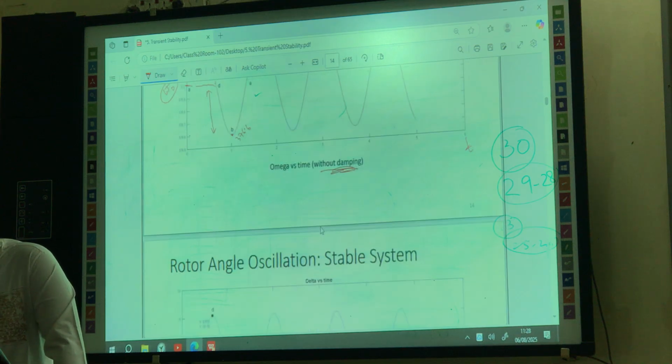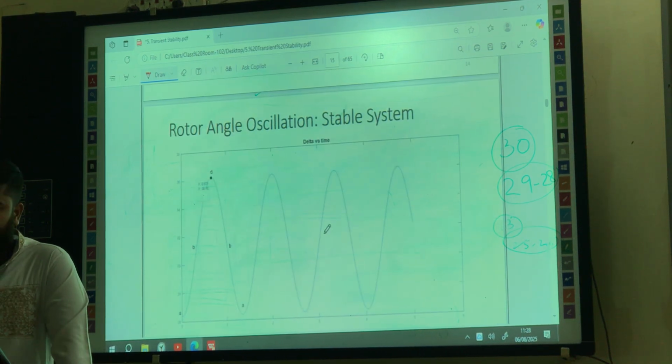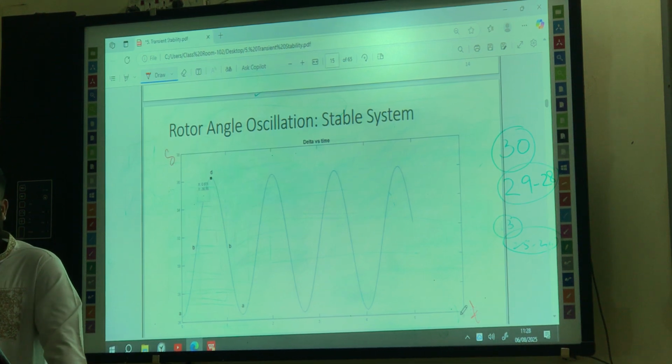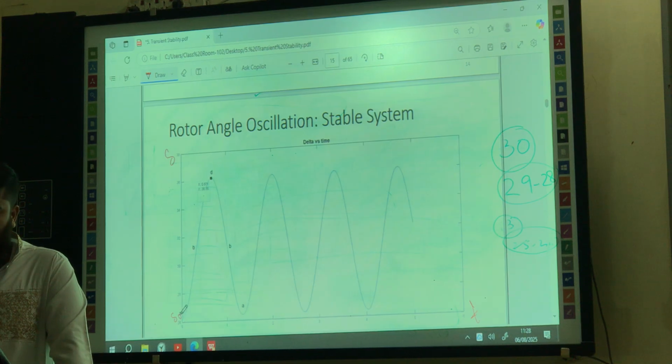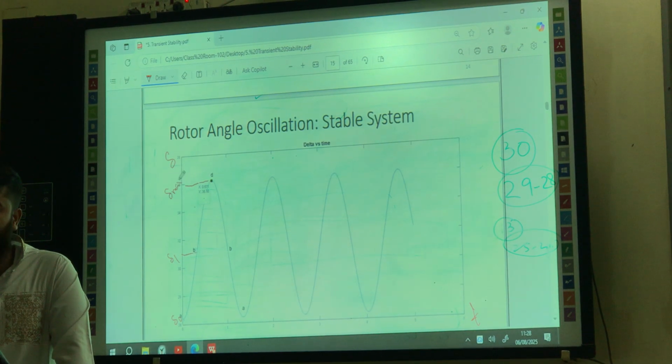Okay, now, what will be the scenario for delta versus time? Look at delta versus time. What will be the initial value? Delta naught, right? That is at point A. At point B, it will be delta 1, and at point D, this is the delta max, right?